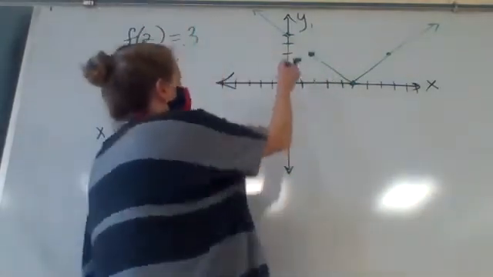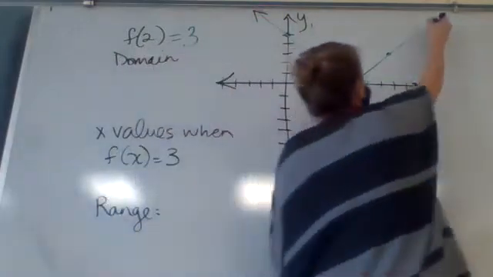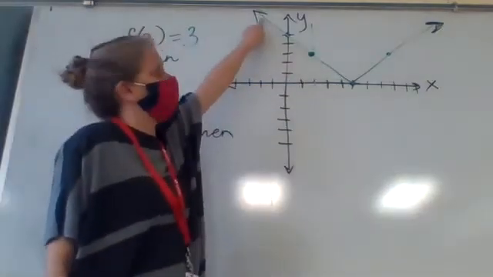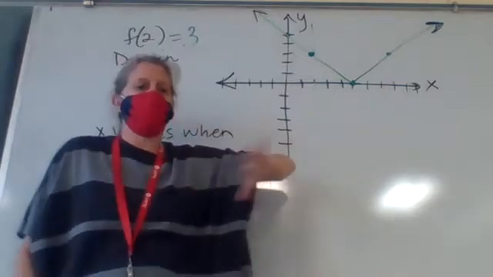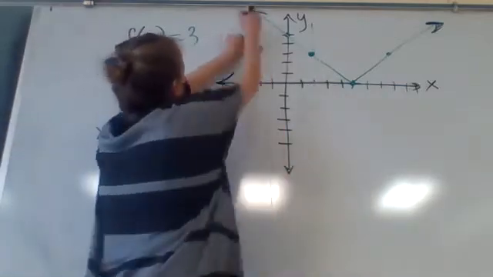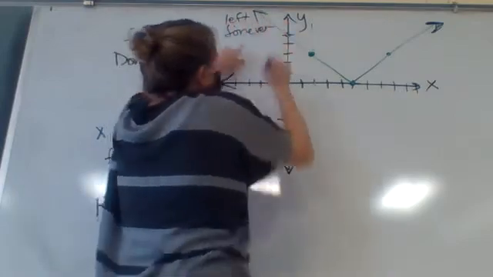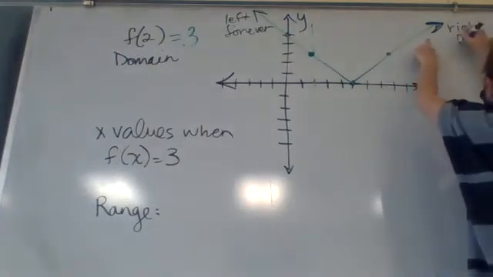What do these arrows mean right here? Does it just stop there? No. That means it goes forever. This arrow means, we're talking left and right, right? That's domain. x values is left and right. This means it's going to the left forever. This means it's going where? Right forever.